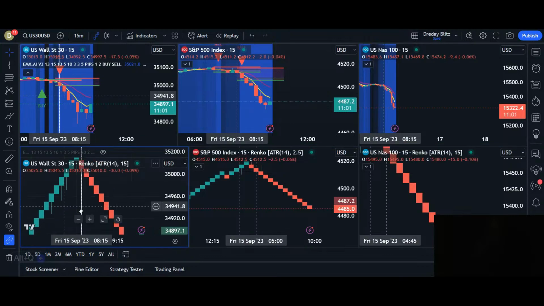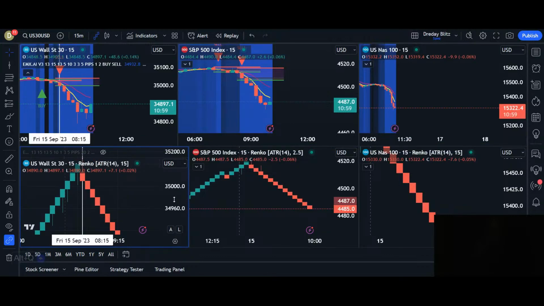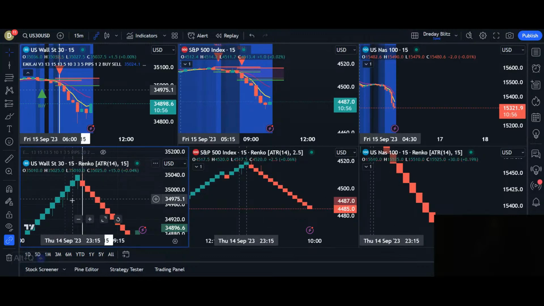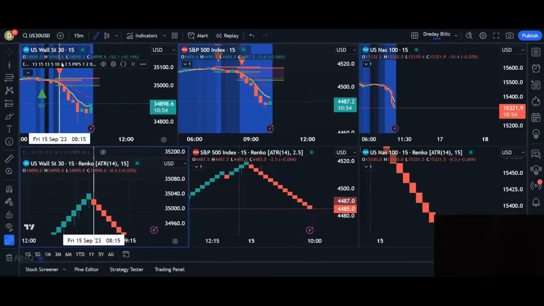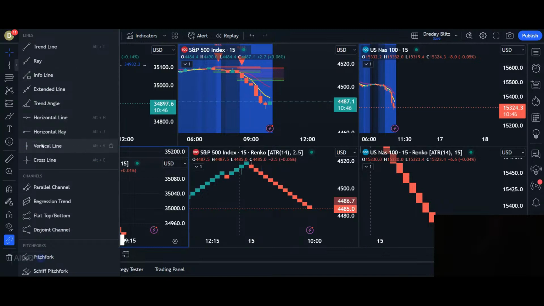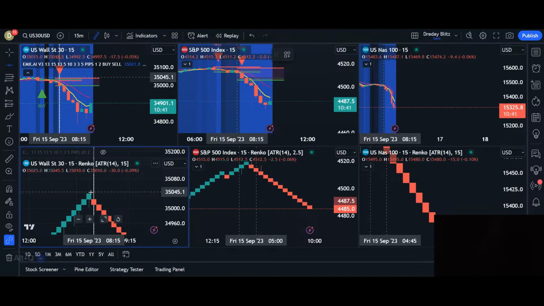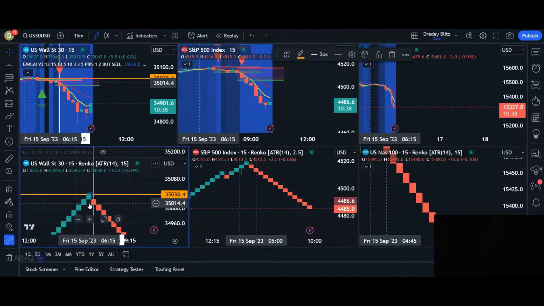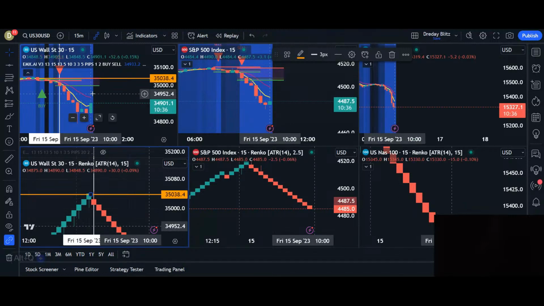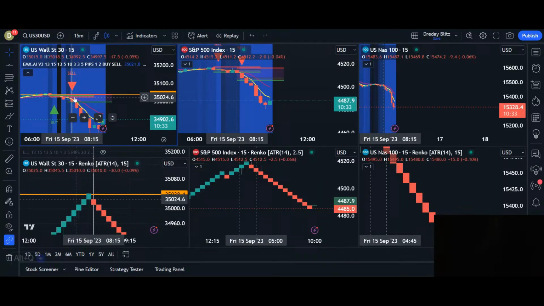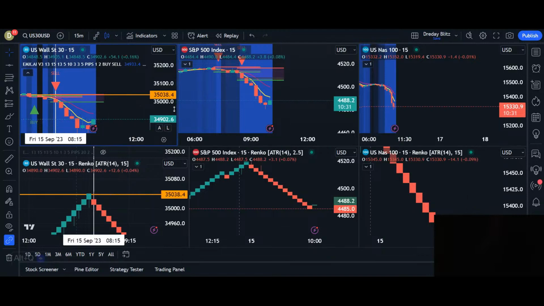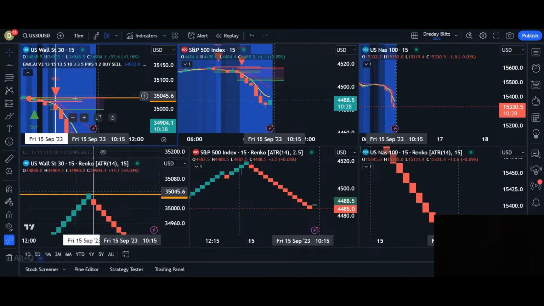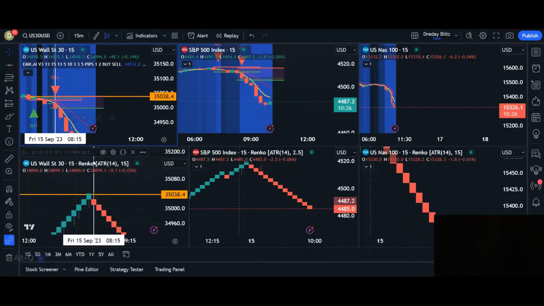There you go. So when you put your stop loss, you make sure that you plot your vertical line on the Renko bar that the price came in, and then you put a horizontal line at the top of the previous Renko bar. Okay, like this. So that means that your stop loss would have been here. And as you can see, it never touched the stop loss and it would still be in profit.